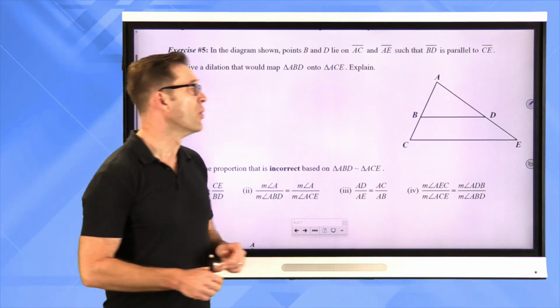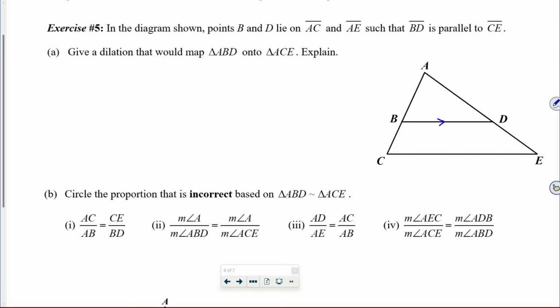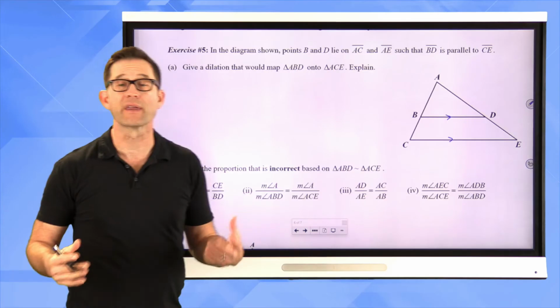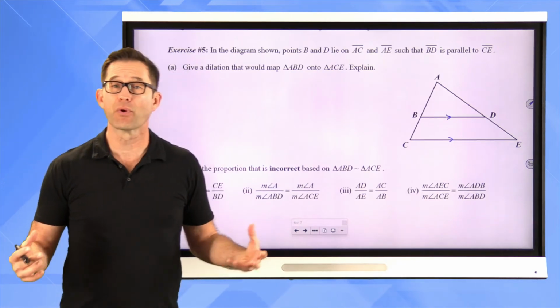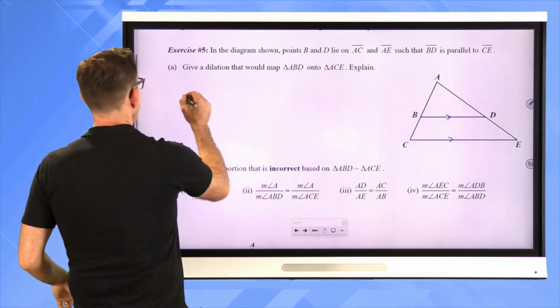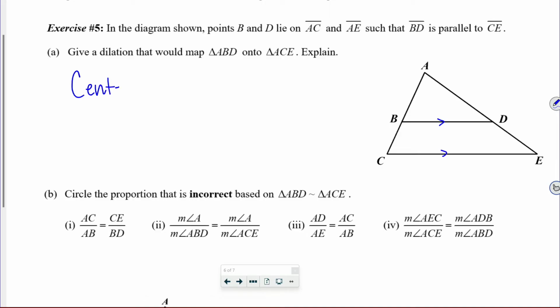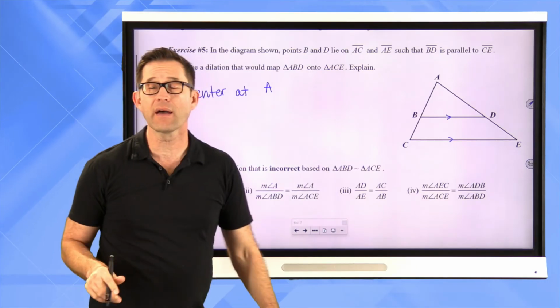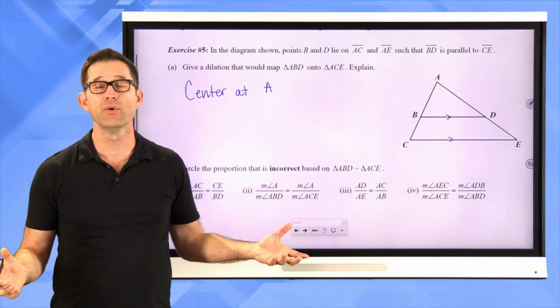All right, so this is the picture that we just keep seeing, again and again and again. So it's pretty simple, right? We're going to want our center of dilation at A. And we can have a scaling constant that is quite a few different things.